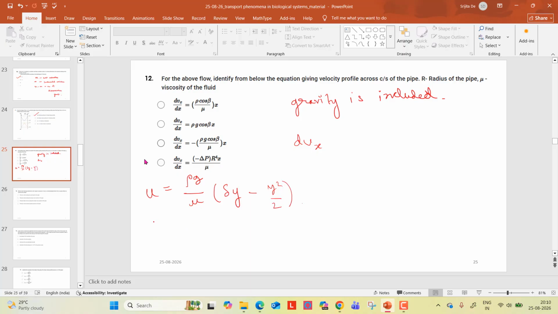And if we want to take du dy, so what will it be? Rho G by mu delta minus Y, right? So now put these values.